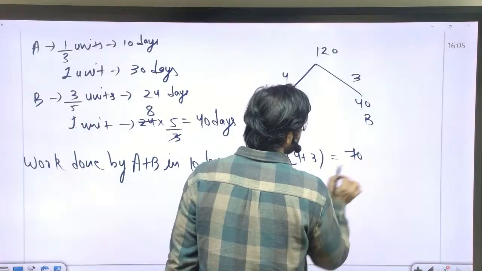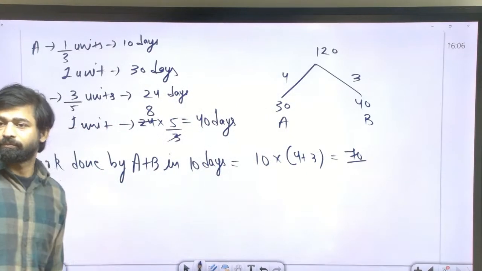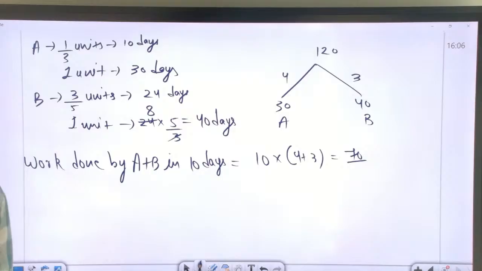So they have done 70 units of work so far. Any problem? And the remaining work is to be completed by whom? C. And in how many days? 15 days. So first of all, we must find the efficiency of C.